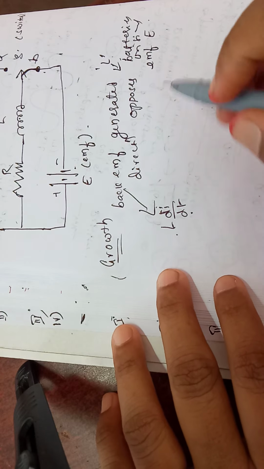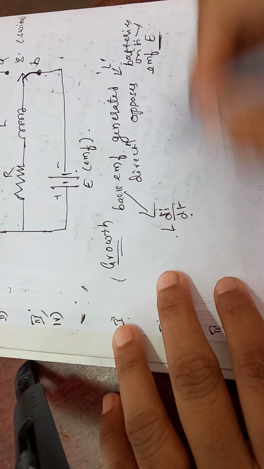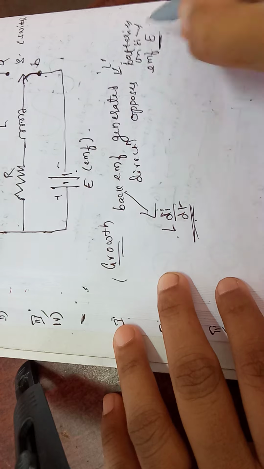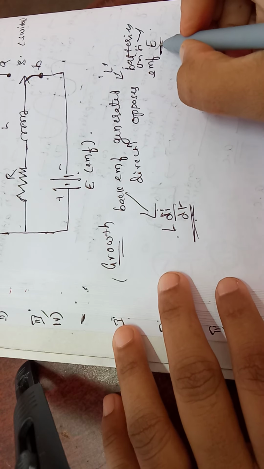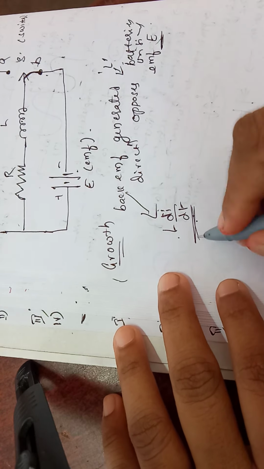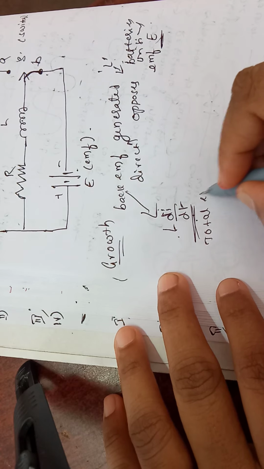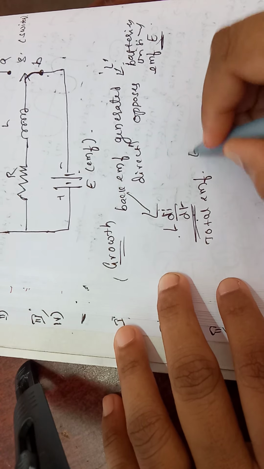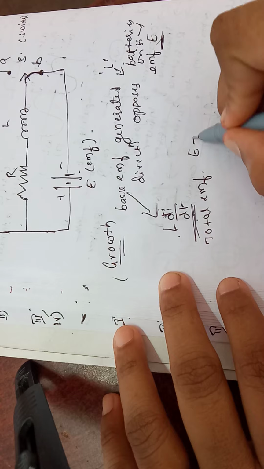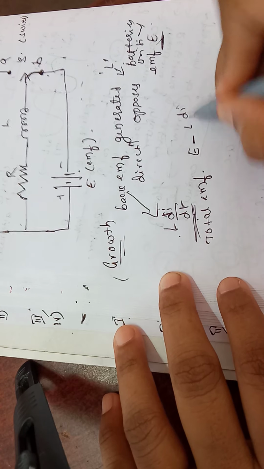This back EMF opposes the original EMF E, so the total EMF becomes E minus L di by dt.